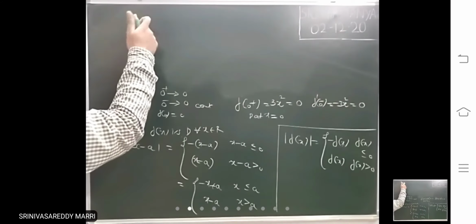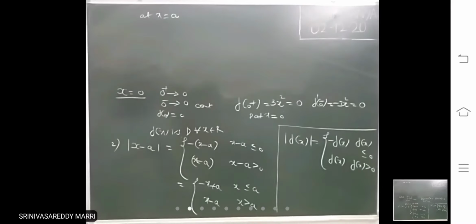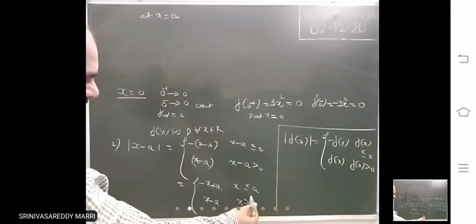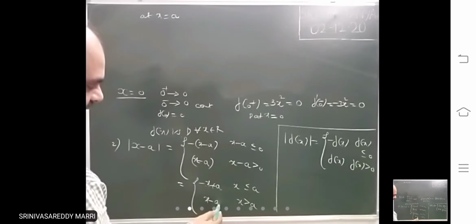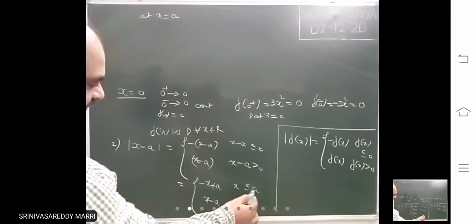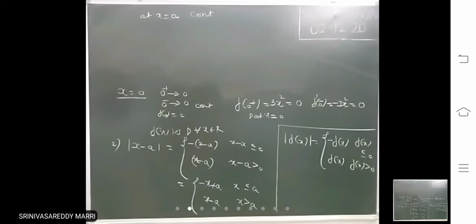So at x equal to a, is it continuous or not? Look at the left limit and right limit. Directly you can check here. A minus means minus a plus a, which is 0. A plus means a minus a, which is 0. f of a is 0. That means it is continuous.